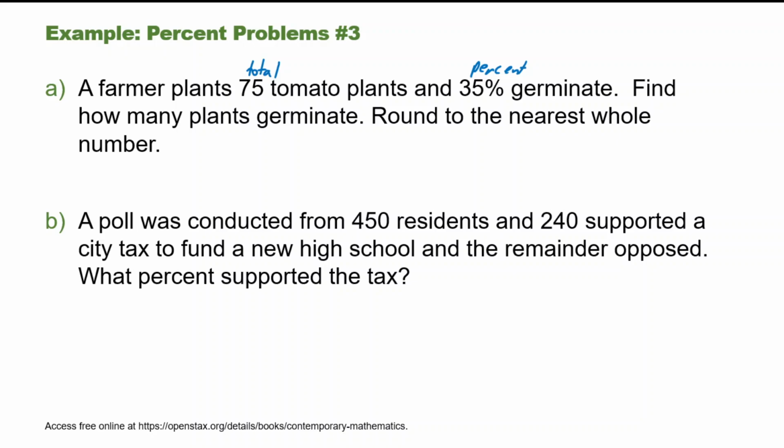And so that leads us to using the same formula. We will say the part equals the percentage times the whole, or the total. Which means the part will be equal to 35 divided by 100 times 75.